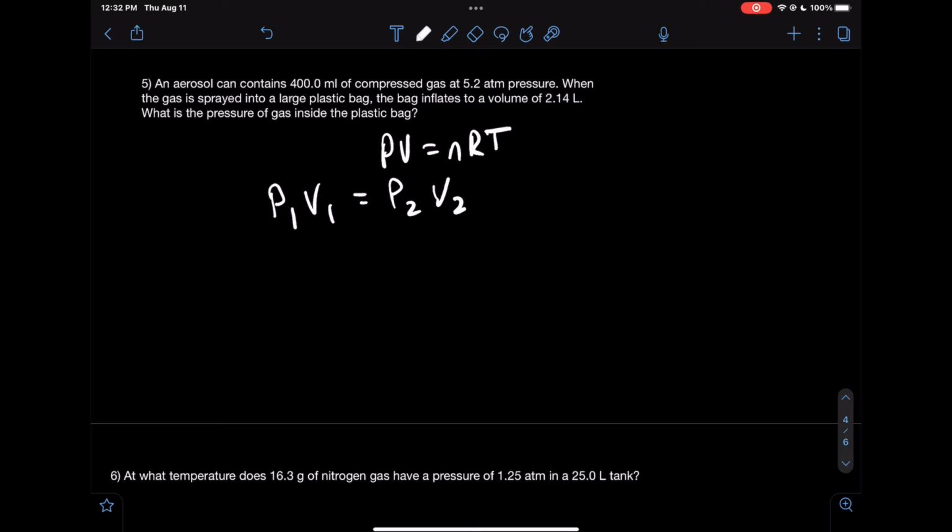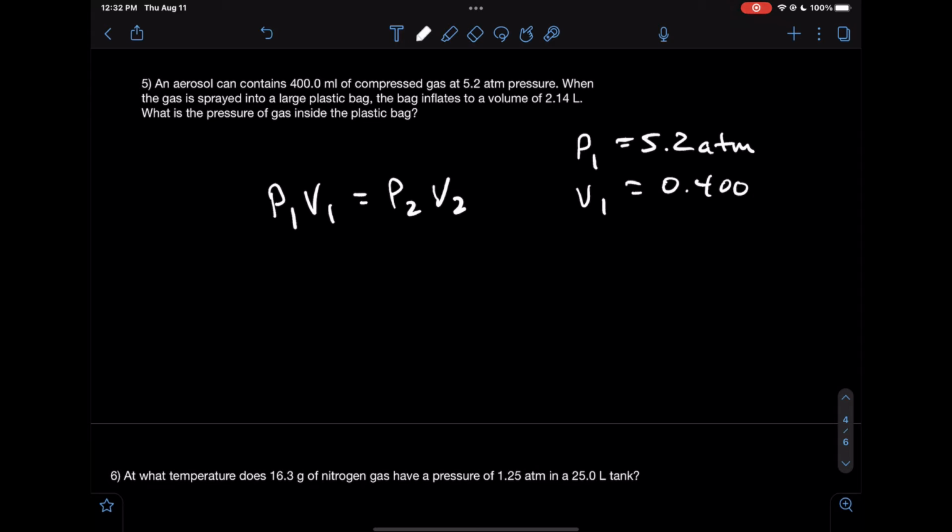So we see that the pressure 1 is equal to 5.2 atm. V1 equals 0.400 liters, because it says that there's 400 milliliters, which equals 0.4 liters. And V2 equals 2.14 liters.